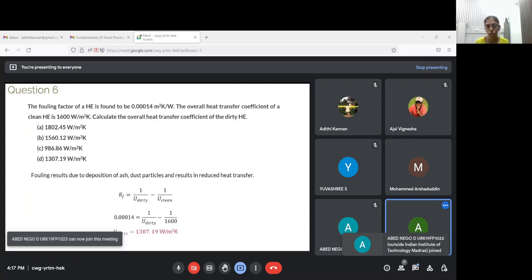When you rearrange this, you will get a value of 1307.19, which is correct. Option is D. Any doubt in what a fouling factor means?